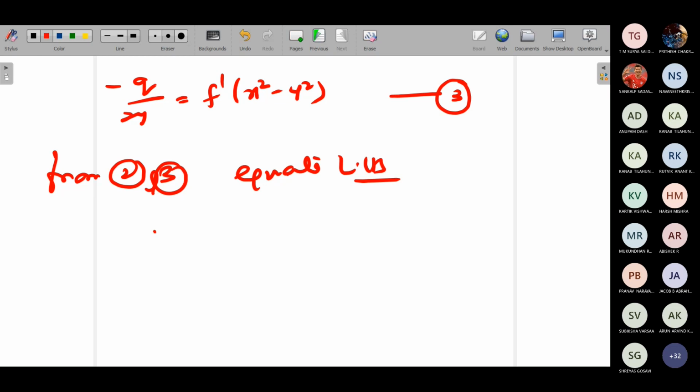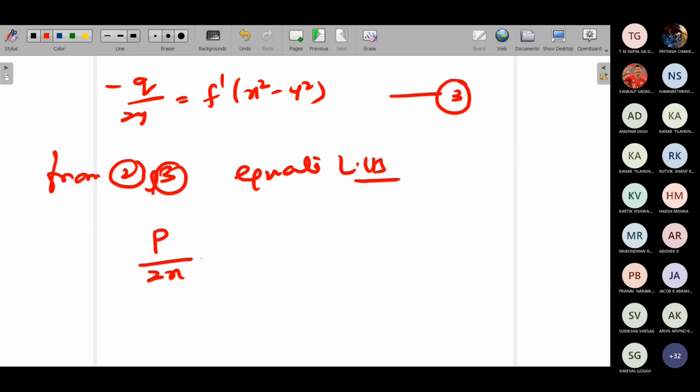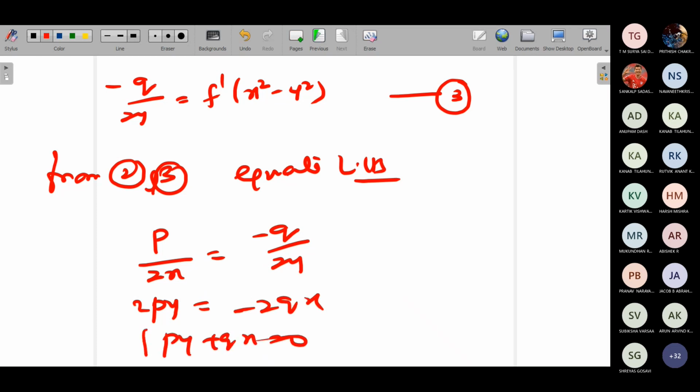So what you will get? p by 2x equals minus q by 2y. So you can write it as 2py equals minus 2qx, or py plus qx equals 0. This is your required equation: py plus qx equals 0. Is it clear? Yes, ma'am.